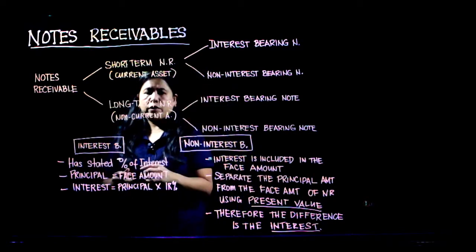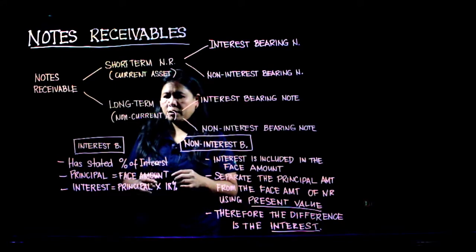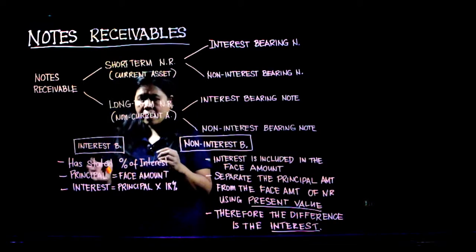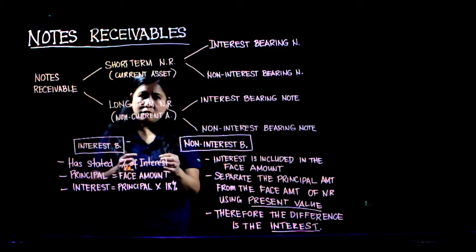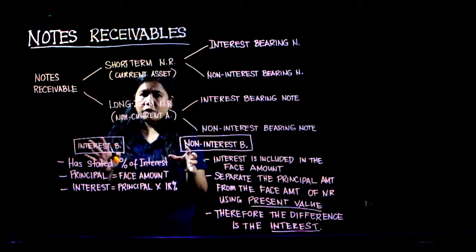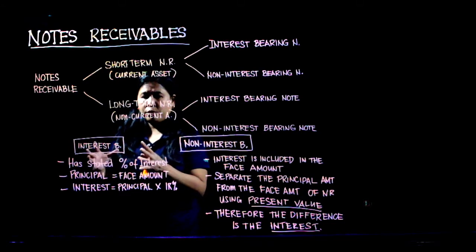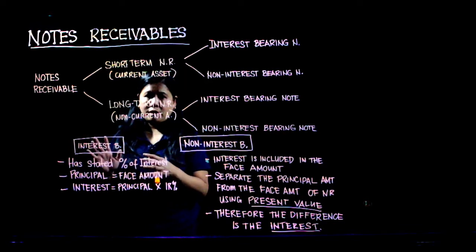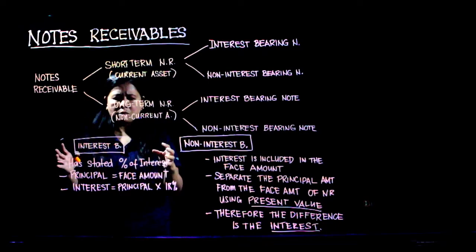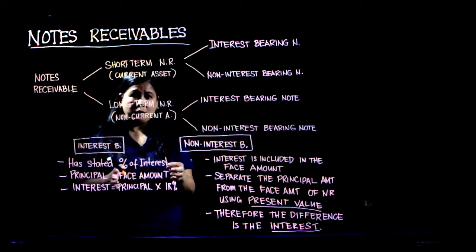Let's take a look at the interest-bearing note first. The interest-bearing note has a stated percentage of interest. The maker promised the payee to pay an interest, so on the books of the payee, it will be an interest income. On this interest-bearing note, the principal is equal to the face amount.